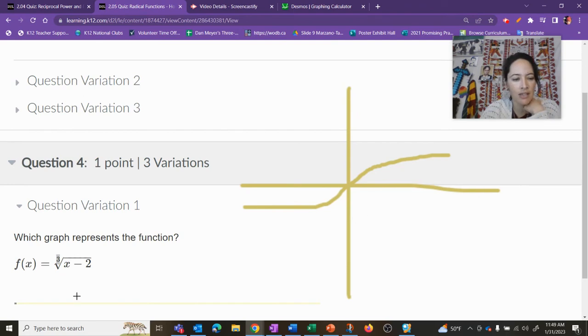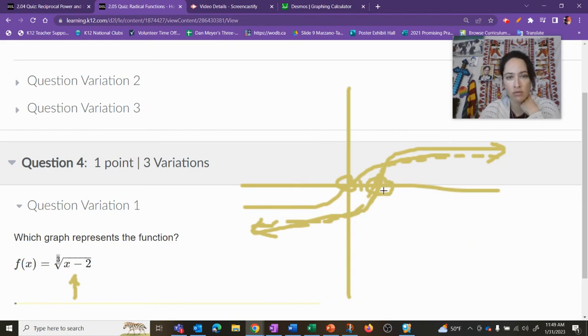This is a horizontal shift. If it's negative, it's a shift right. So I argue that I will shift right 2, and I will now have it come down through there like that. All I'm looking for is my shift, because I know what the parent function looks like. So instead of coming through the origin, it should cross at 2, 0. A shift right, because that's a negative, so we do the opposite.